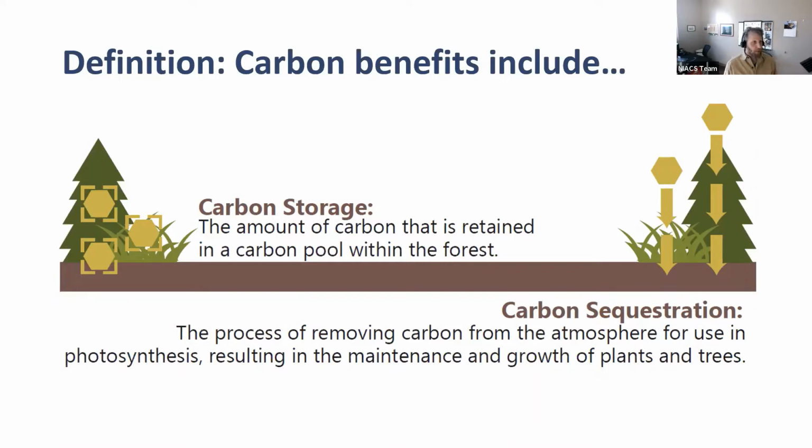I would encourage you all, as you think about your projects and how you communicate about carbon management, to be specific where it's appropriate. If you're thinking about storage, emphasize that this is about storage or sequestration. But if you're just being general, like we are interested in carbon benefits for our project, recognize that you could be talking about either one of those things, and that folks might have more questions about what you mean by that.